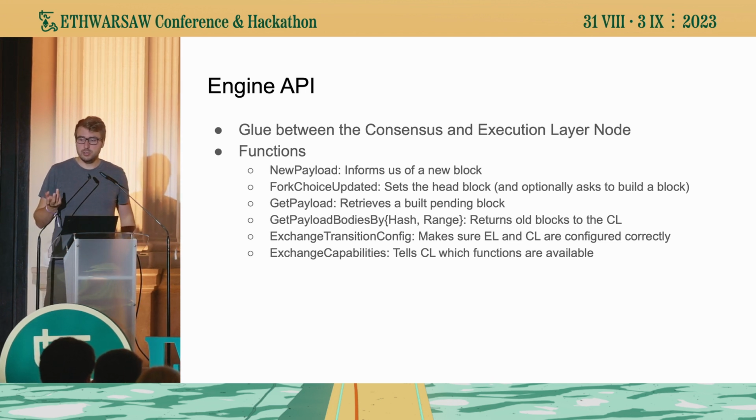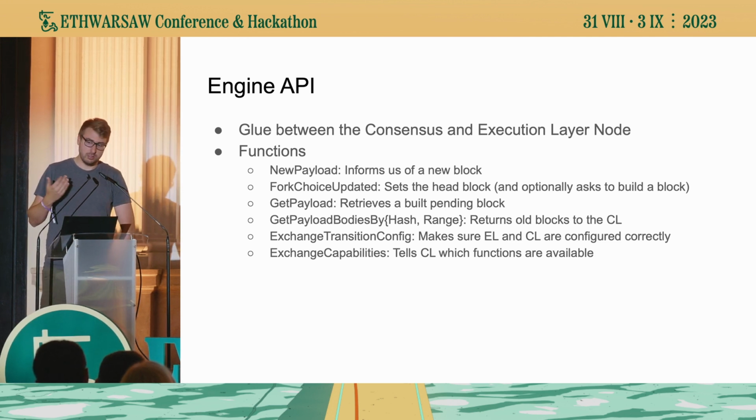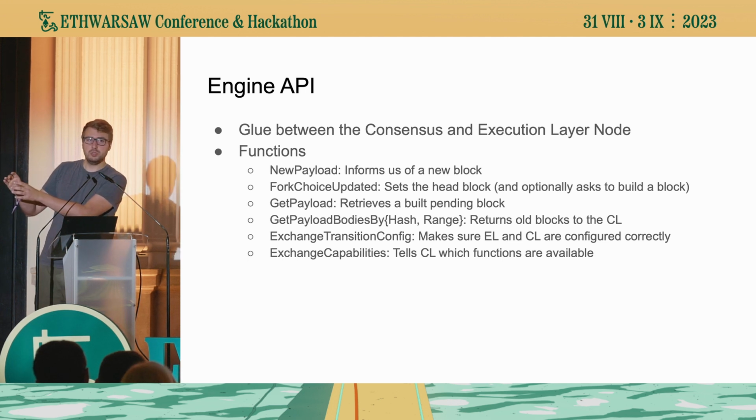The consensus layer uses this function to tell the execution layer about a new block. We have to execute the block and say, yes, it's a good block, no, it's not a good block. But we don't update our current head, so we don't set the fork choice. That method is called fork choice updated.